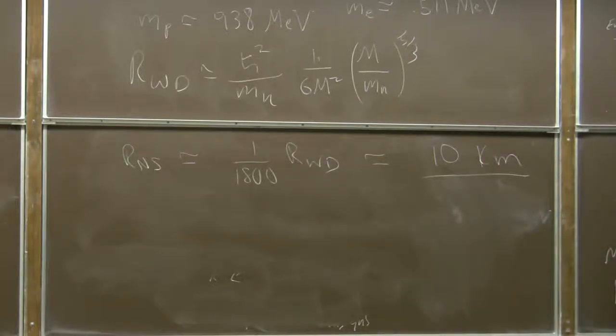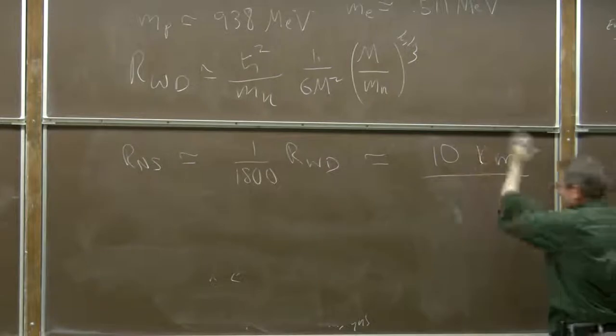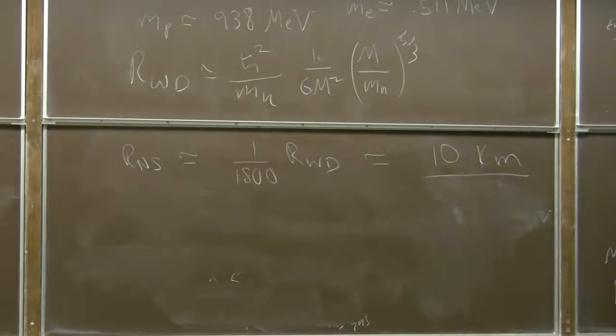Okay? Think about that. It's the mass of the sun, and it's like the size of a mountain, but it's got the whole mass of the sun in it. So how dense is that? It's pretty close to the density of nuclear matter. It's nothing but neutrons forming a thick, rich soup.